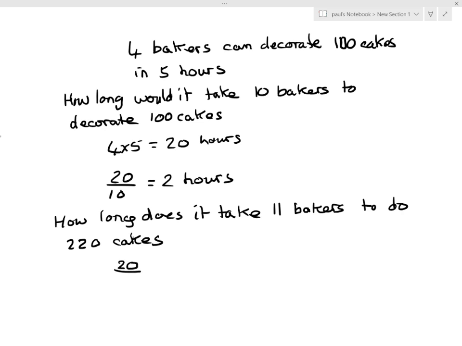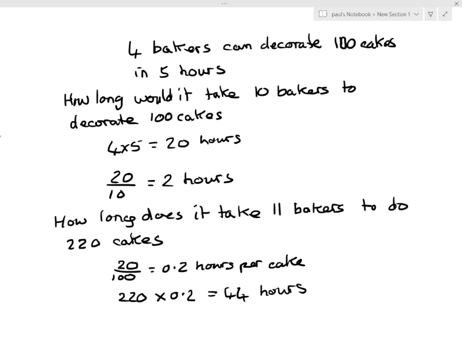So what we do, 20 hours divided by 100 cakes equals 0.2 hours per cake. And don't bother changing that into minutes, yeah? And so now we've got 220 cakes we're going to make times 0.2, which equals 44 hours.